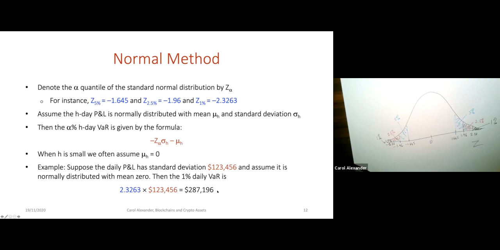And we can use that square root of time rule to change the daily standard deviation into an H-day standard deviation, and therefore make this into an H-day VAR by multiplying it by the square root of H for any H. Typically, we might use H is 10.